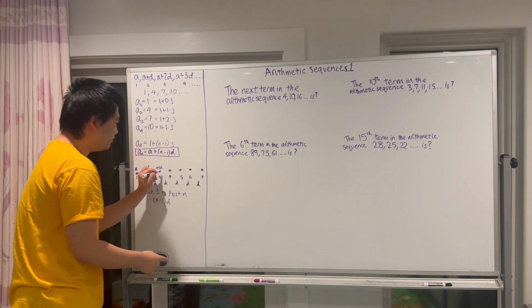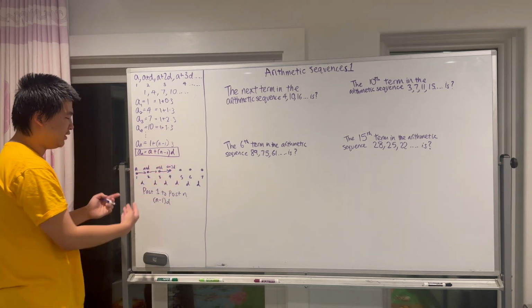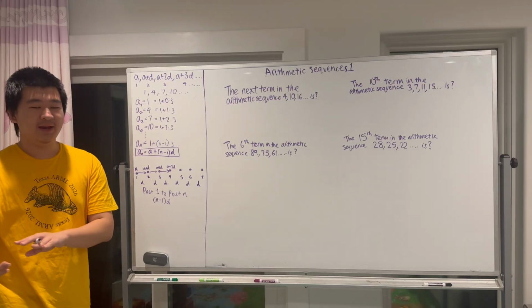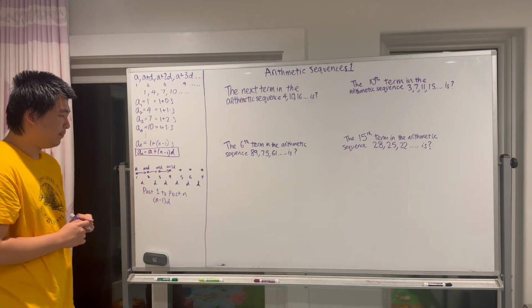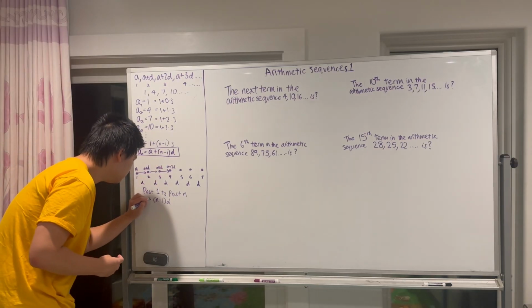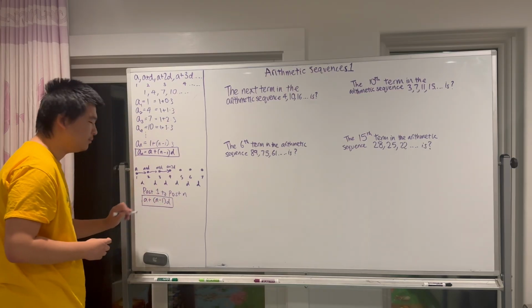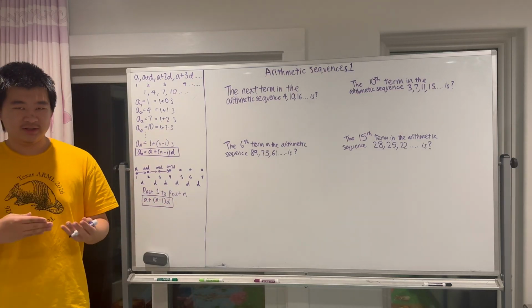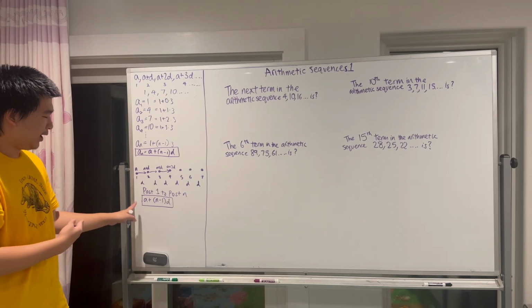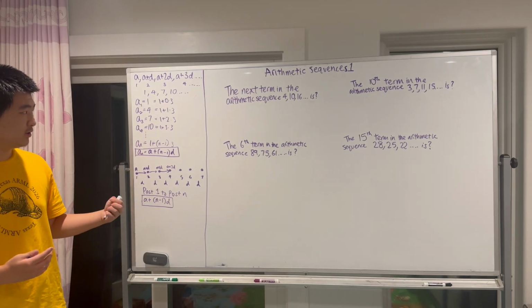For post 1 to post 4, it will be 4 minus 1 times d. So from post 1 to post n, it's going to be n minus 1 times d. Then we can't forget to add the a. And so we arrive at the same formula, a plus n minus 1 times d. So hopefully this is enough to convince you and inform you on how and why this is the formula for the nth term of an arithmetic sequence.